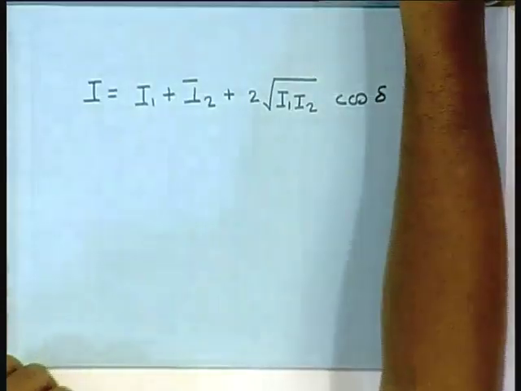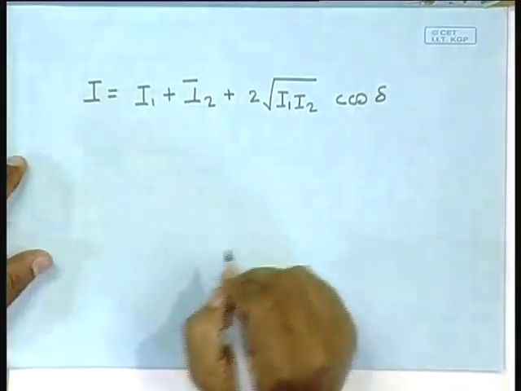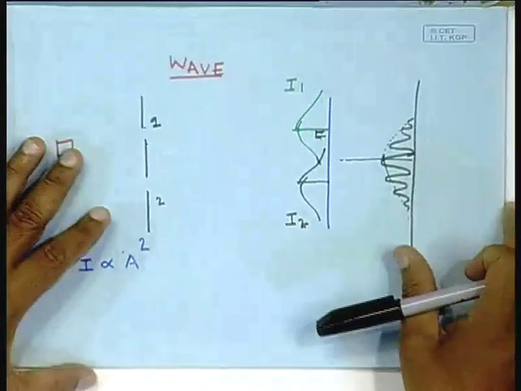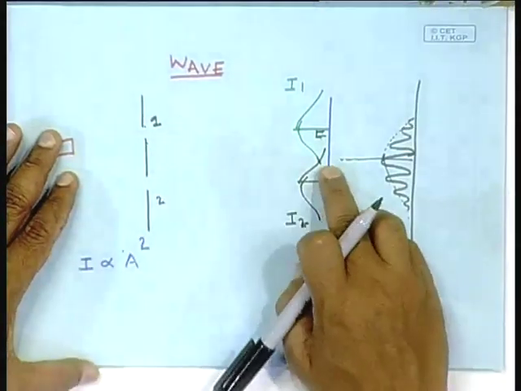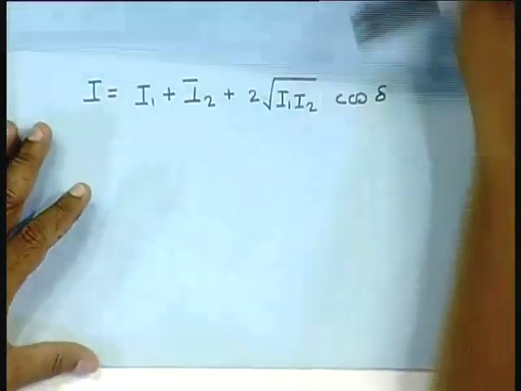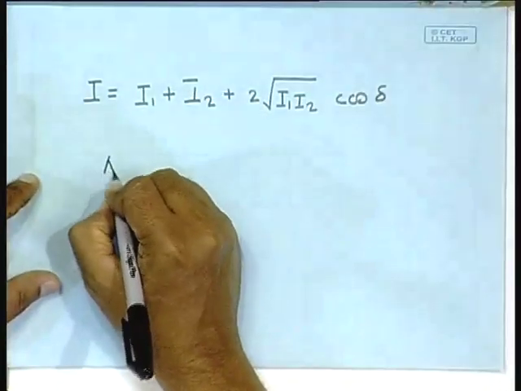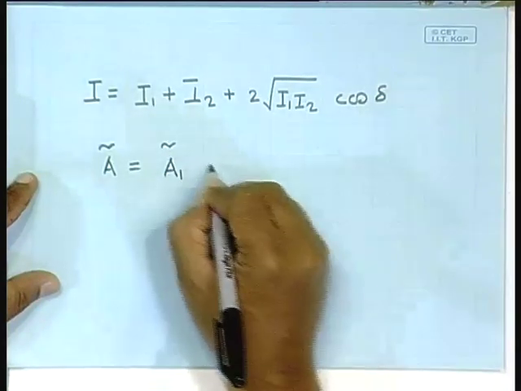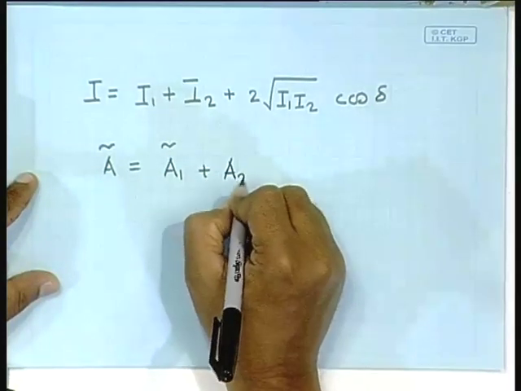Remember that for the intensity, it is the amplitude of the wave which is crucial. If I represent the amplitude of the wave arriving at the screen as A in the complex notation, then it is going to be A1 plus A2.